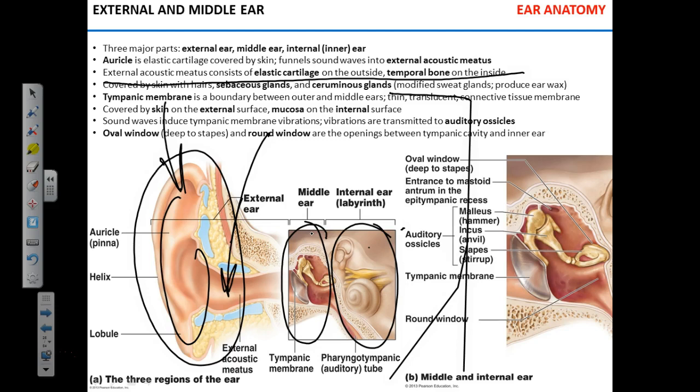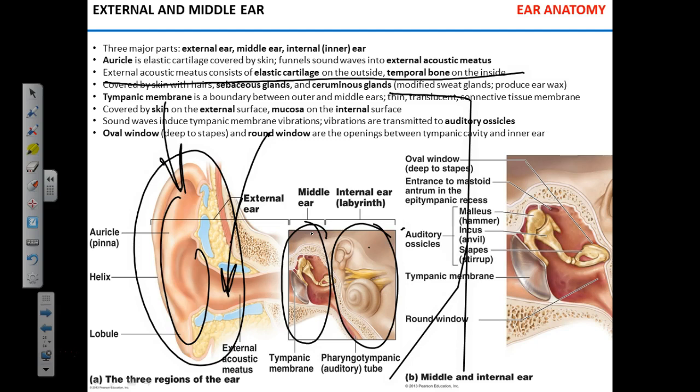So this is our friend Marvin. You can see the external acoustic meatus right here, in the temporal bone. That's where the sound goes. It's actually a physiologically important structure. Hair in the external acoustic meatus collects and traps dust, dirt and microbes.